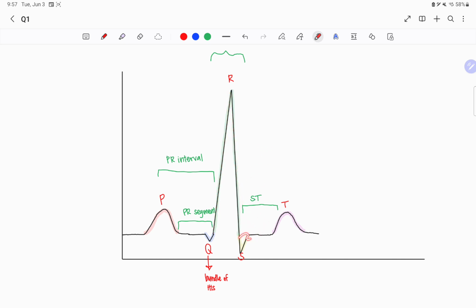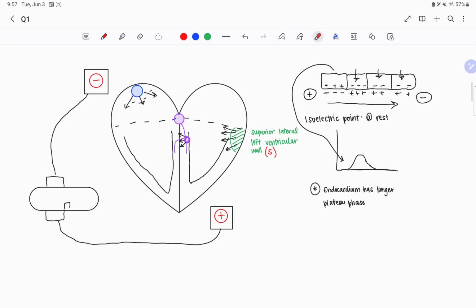Now when we get to S here, what's happening is this last piece right here is the last thing to be depolarized. Okay, and so we have these, again, kind of pointing in this direction. So then it is pointed again like this.